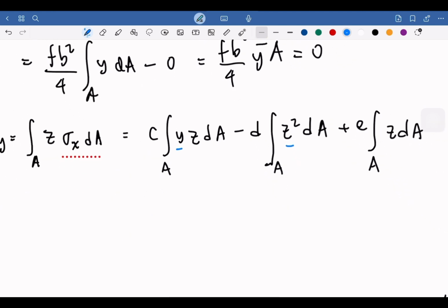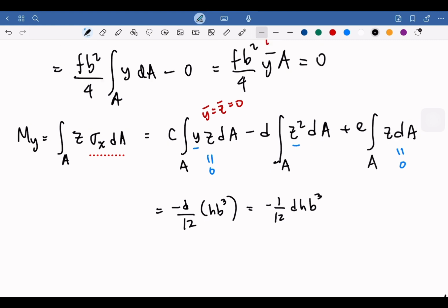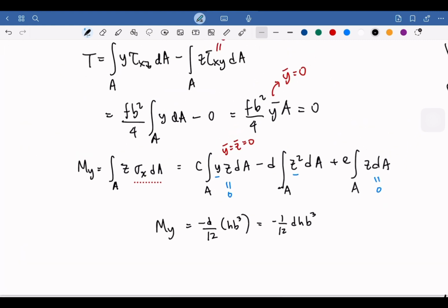Okay, and then this will be 0. This will be 0 because of this y bar and z bar. And then we only have the middle part. So we write here negative d over 12 h b cubed in our inertia, right? So negative 1 over 12 d h b cubed. Okay, this is the bending moment for y.